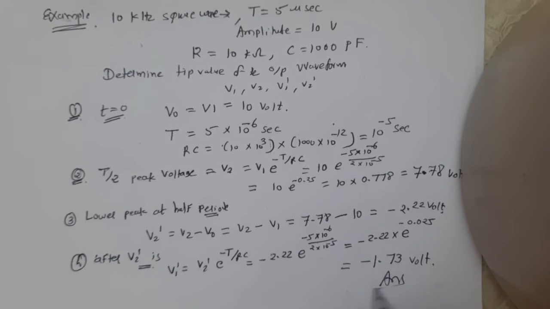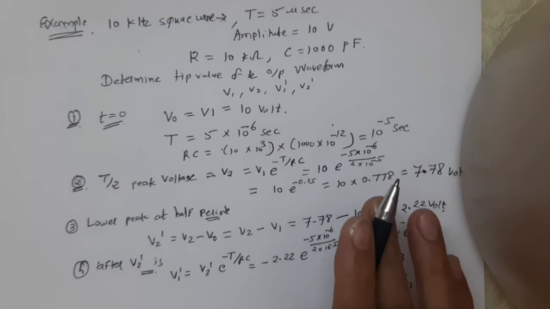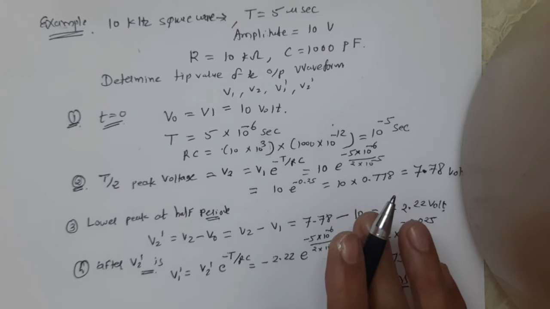This is your answer. So with the help of this example, we clearly find V1, V2, V1 dash, V2 dash.